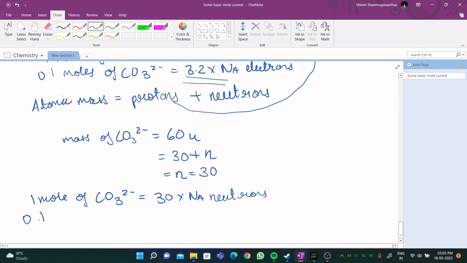But again, we have 0.1 moles of CO3 2 minus, which will be 3 into Avogadro's number of neutrons.